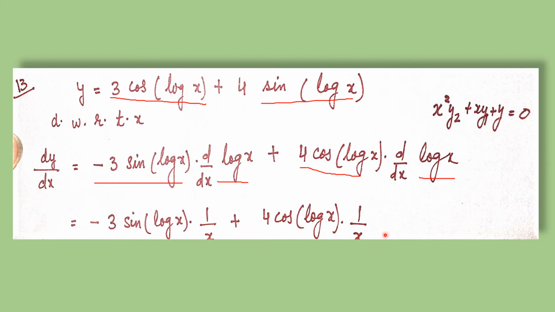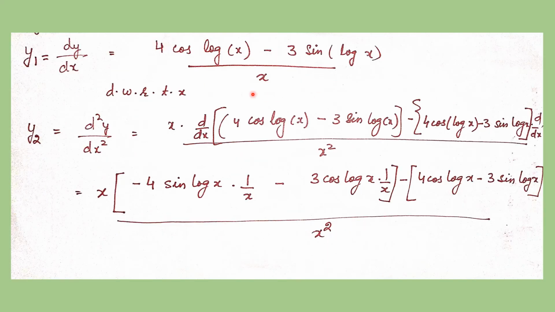Now this is what you got for y1. So y1, that is dy by dx, is equal to, taking common denominator x, 4 cos log of x minus 3 sine log of x upon x.